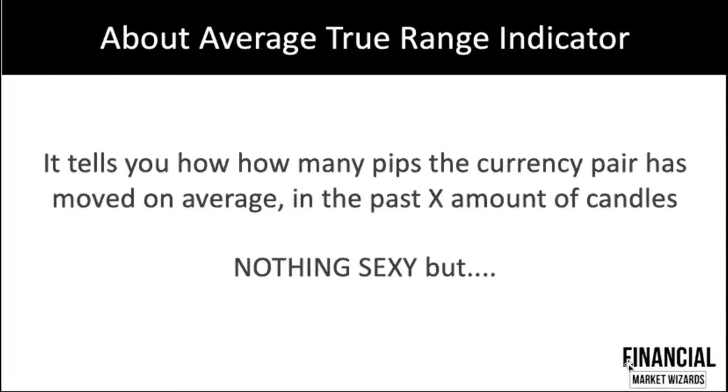We'll show you more about this in the next slide, but the average true range indicator is nothing sexy, but it is so important if you want to learn how to trade and how to set the correct stop loss.